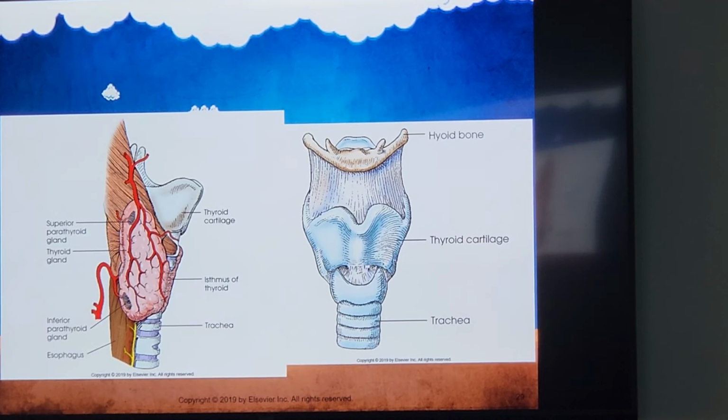And on top, we have the superior parathyroid and the inferior parathyroid. There's one thyroid gland, and it contains 4 parathyroid glands, 2 superior and 2 inferior. You're only looking at it from one side here, so you can't see the other side. This is the right side of the thyroid gland and the left side is behind. In the middle, it's connected by the isthmus.